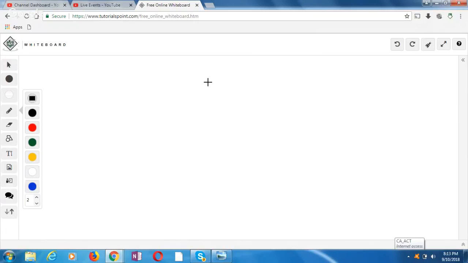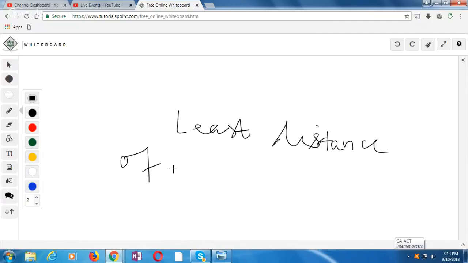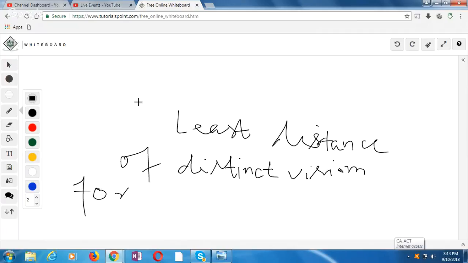So least distance of distinct vision for a normal eye is equal to 25 centimeter.